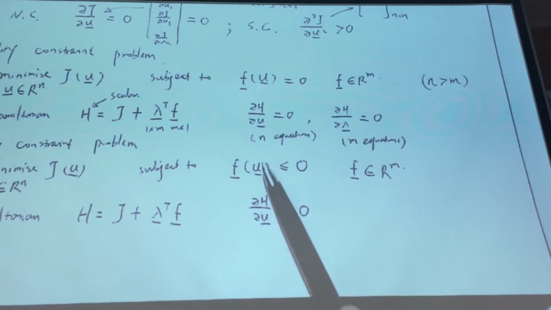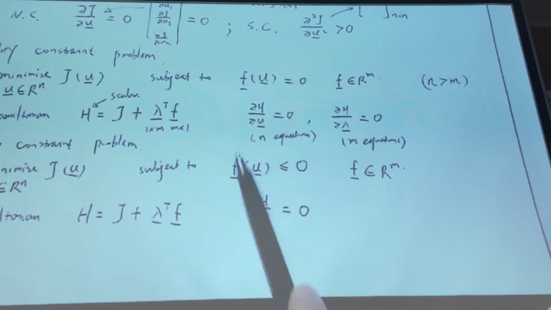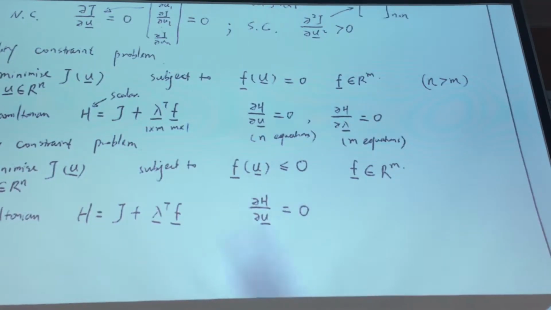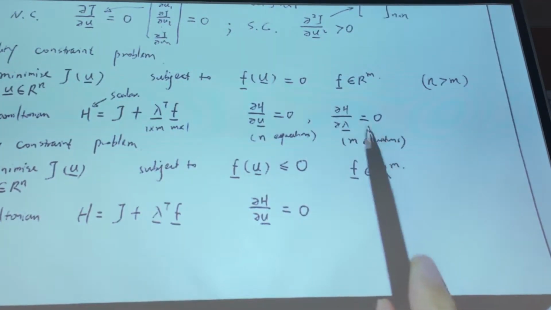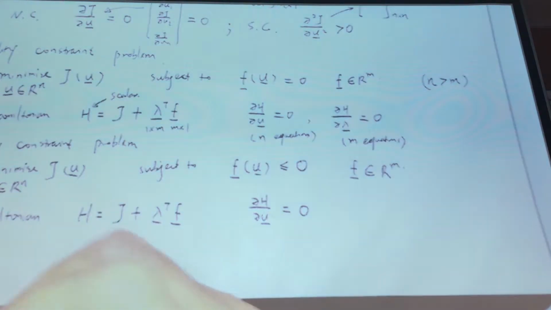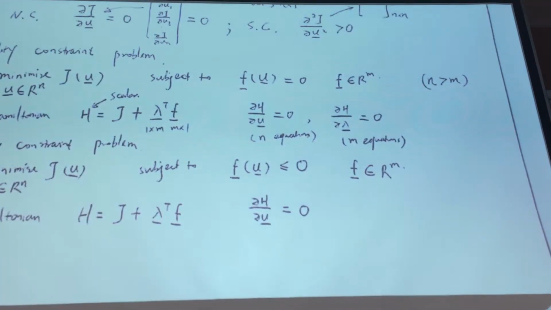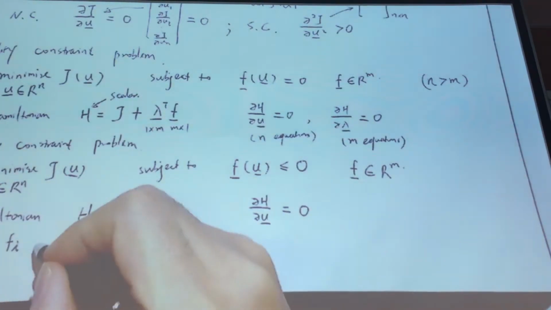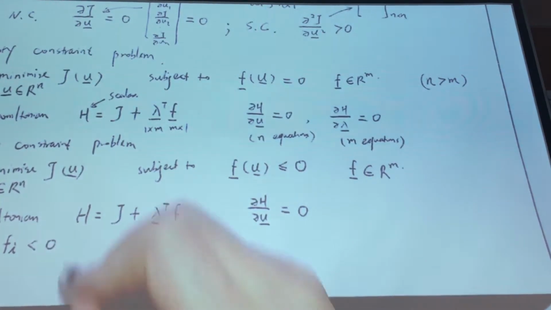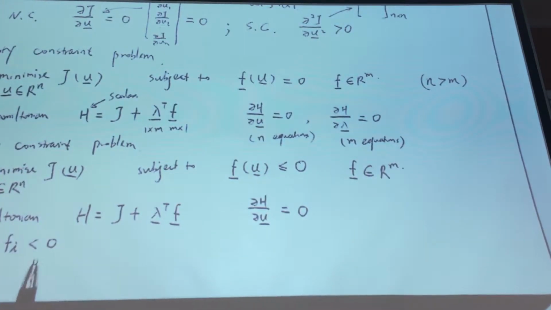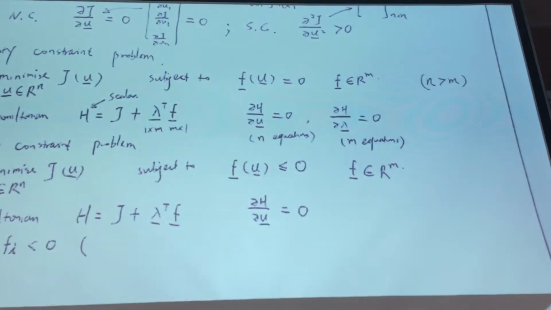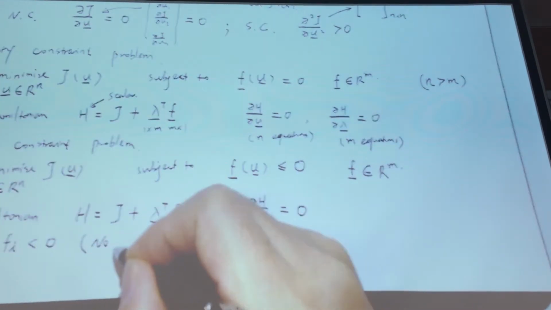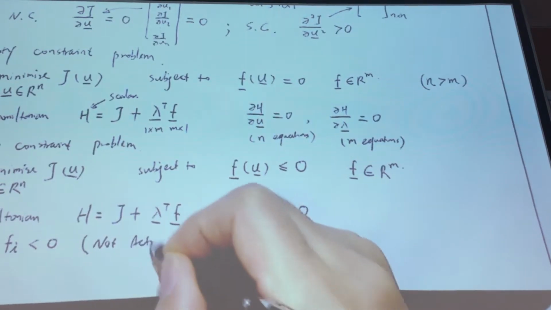But because f is now an inequality, we cannot directly calculate the gradient in terms of lambda. In this case, we have two scenarios. First, if the constraint among the m constraints is inactive, that is, smaller than 0, then this constraint is not active.